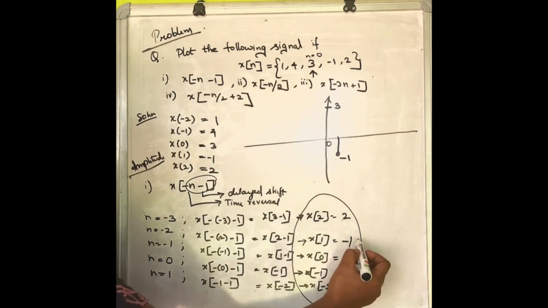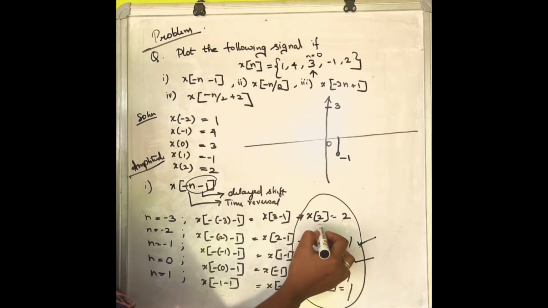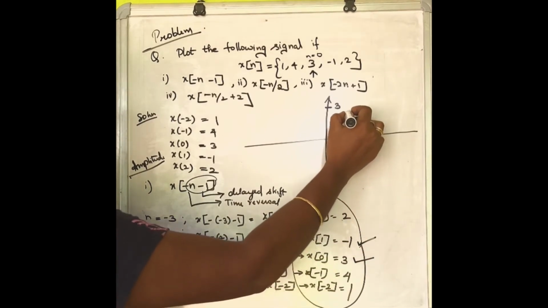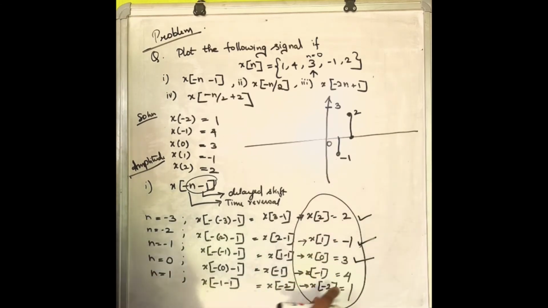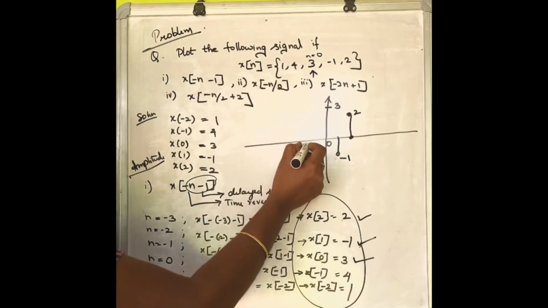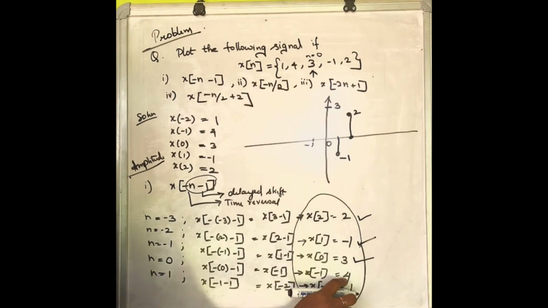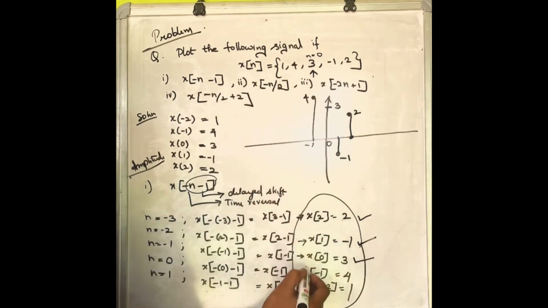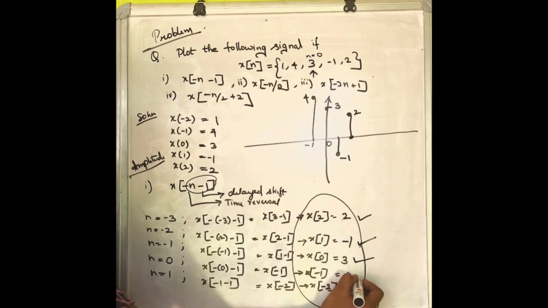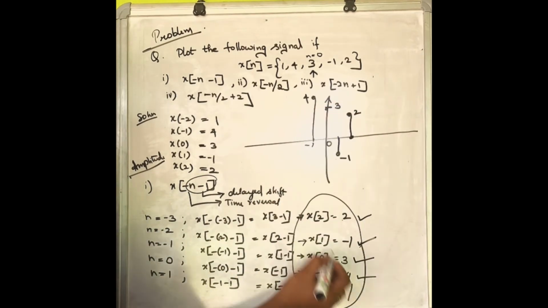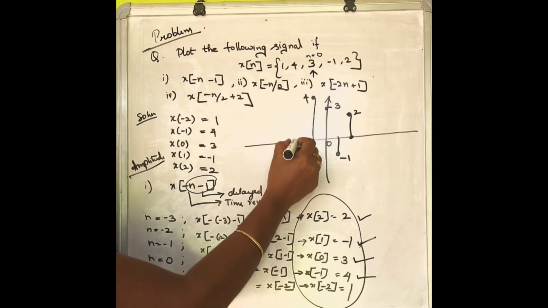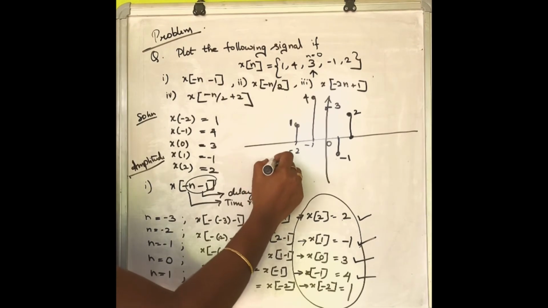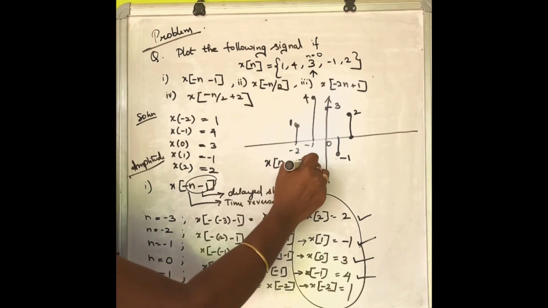So we have completed 0 and 1. Then comes your 2. At 2, the amplitude is plus 2. And then comes -1. At -1, the amplitude is 4. This is 4, this is 3, here 2. And then finally at -2, it is 1. So this is how x of n minus 1 is drawn.